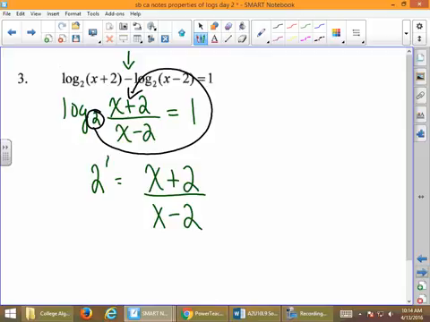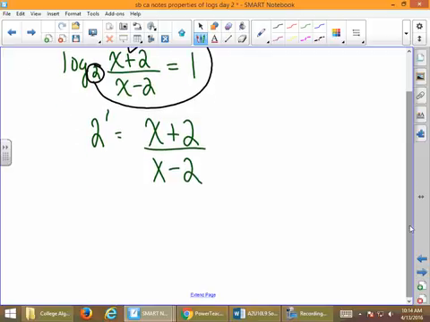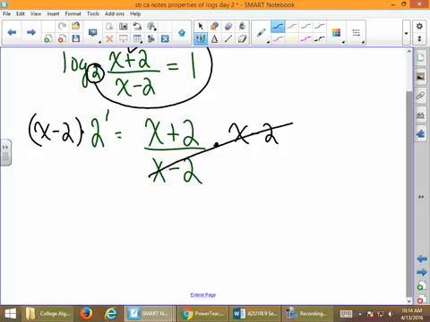And it's nice that it's 2 to the first, because 2 to the first is 2. So the next thing that we're going to do is we're going to multiply this side by x minus 2 and multiply this side by x minus 2. You can look at it as cross multiplying. Those x minus 2's cancel out.